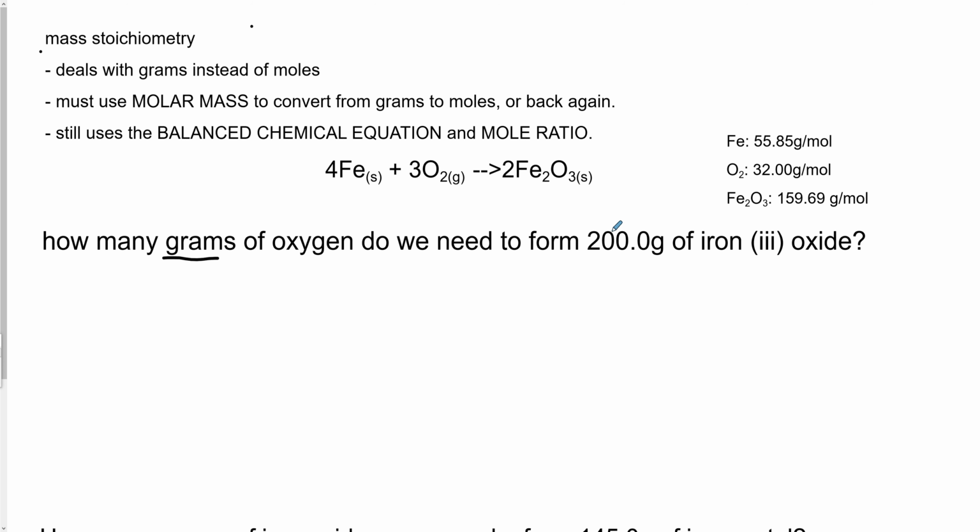So I have iron 3 oxide, and I'm going to write down 200 grams of Fe2O3. We're going to turn this 200 grams into moles. How do we do that? Molar mass. So our molar mass is here, 159.69 grams per mole. So I know that my answer should be in moles of Fe2O3.